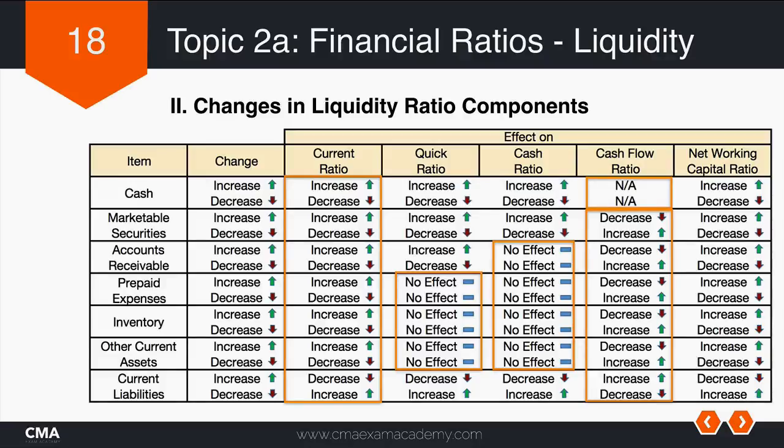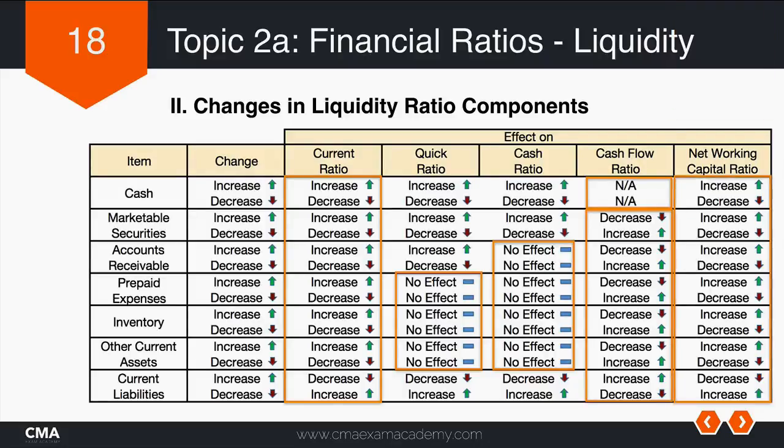Remember, in computing the cash from operating activities under the indirect method of cash flow preparation, increases in current assets are deducted from net income, while decreases in current assets are added to net income. Increases in current liabilities are added to net income and decreases in current liabilities are deducted from net income to arrive at the operating cash flow.